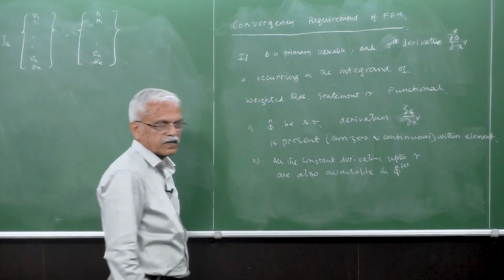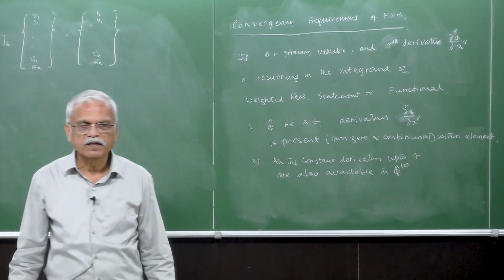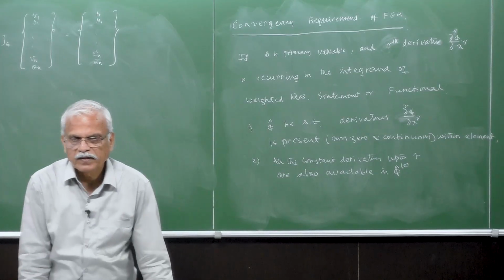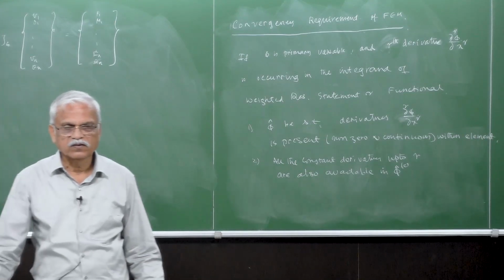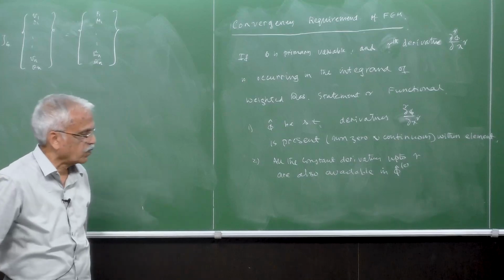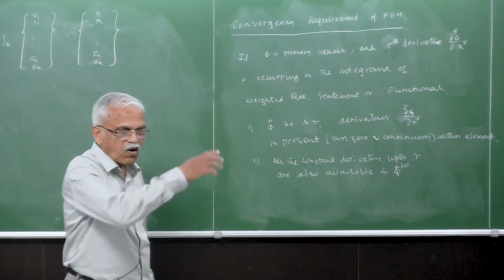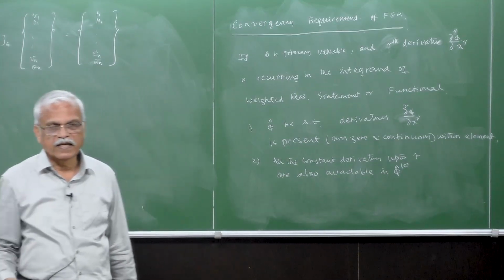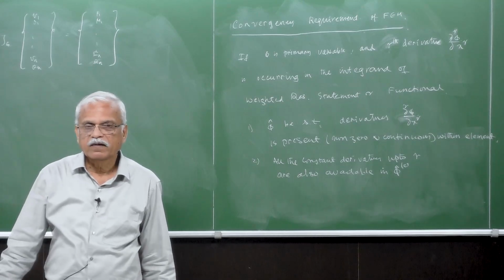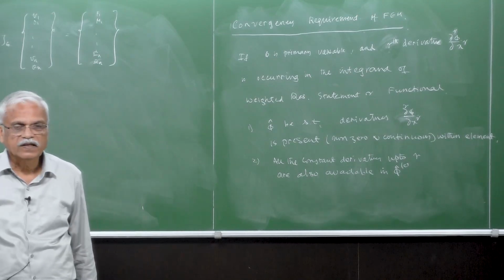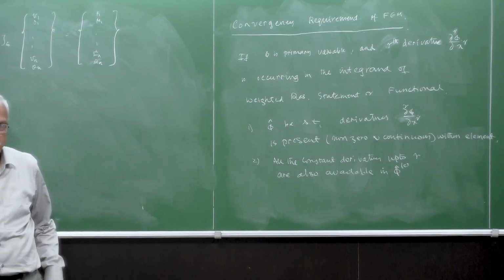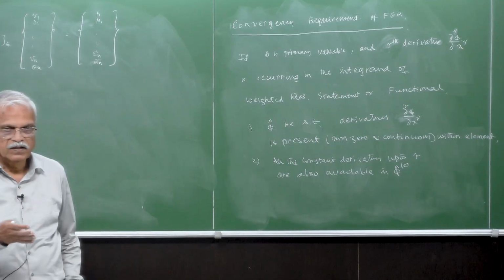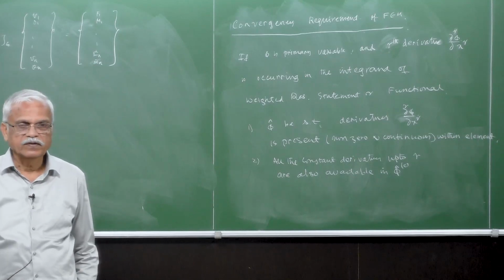What it means is that if you take a polynomial here, for example, a0 plus a1x plus a2x squared plus a3x cube and so on, all the lower order terms like a0 will give you the constant state of the function, or in the case of solid mechanics, the rigid body motion of the body.